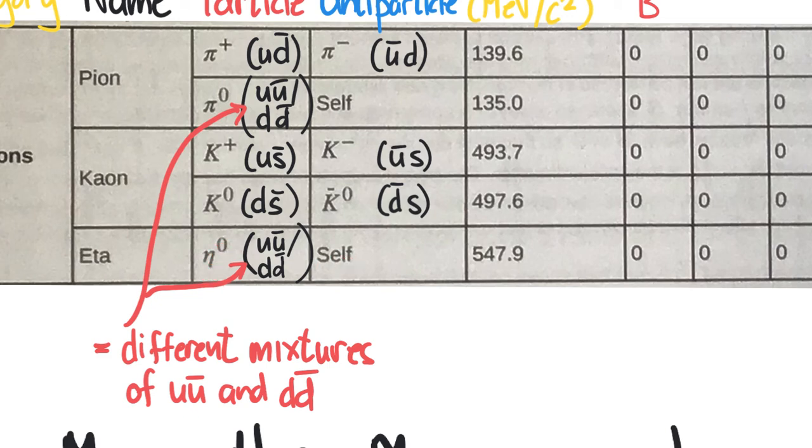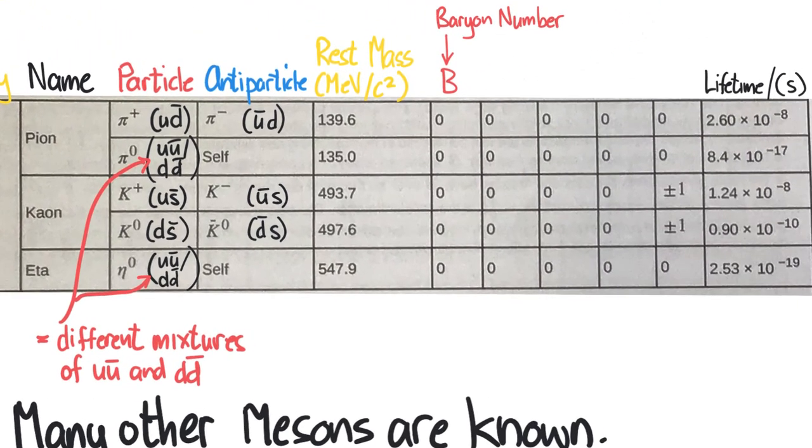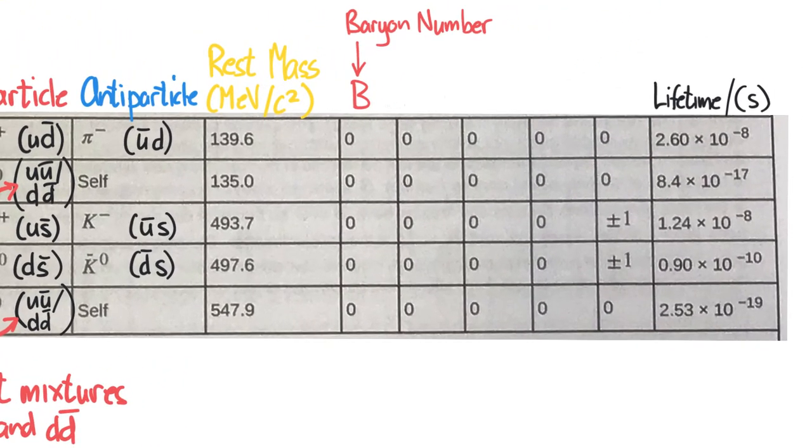With the kaon plus, it's an up and an anti-strange, and for the kaon negative, which is the antiparticle, it should have an opposite sign to the K plus, which it does, it's an anti-up and a strange. We also have the K0 and its antiparticle. Here too we see their rest masses are in mega electron volts per c squared.